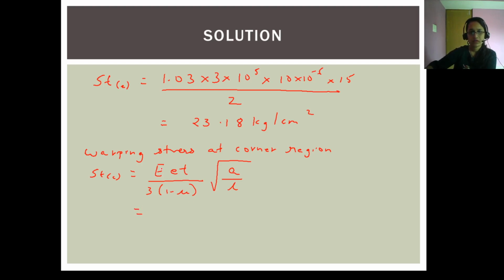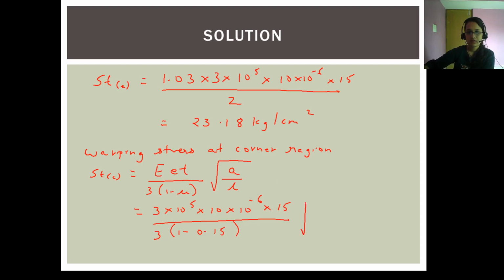We know E is 3 into 10 raised to 5, e is 10 into 10 raised to minus 6, t value is 15, upon 3(1 minus ν) is 0.15, A value is given to us, 15 upon 87.2.